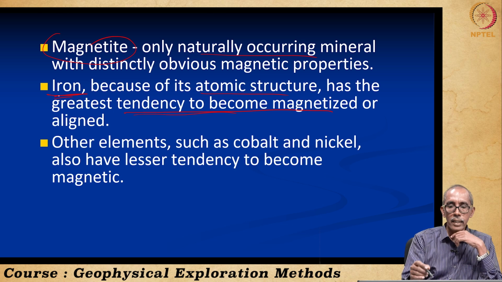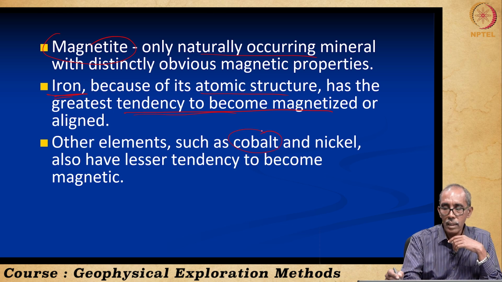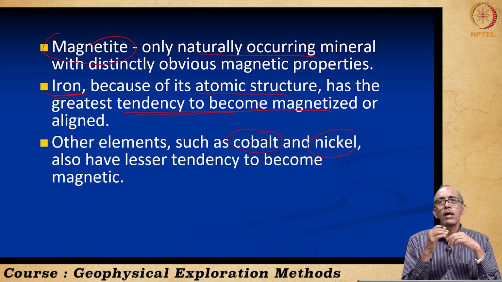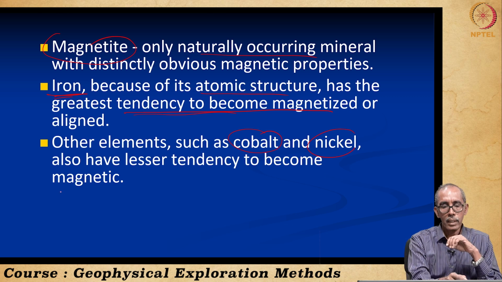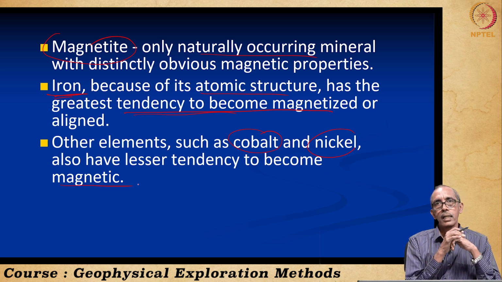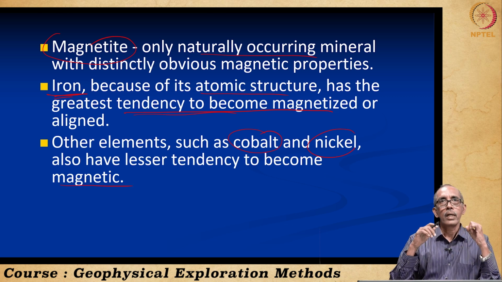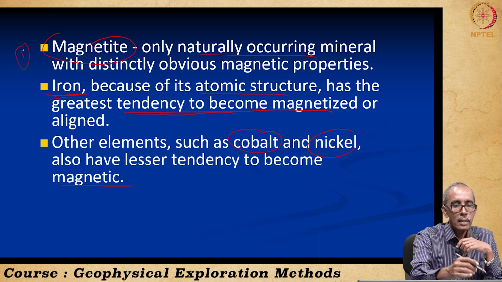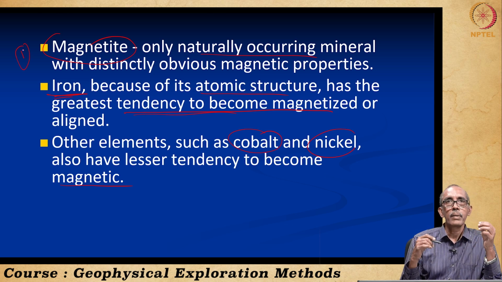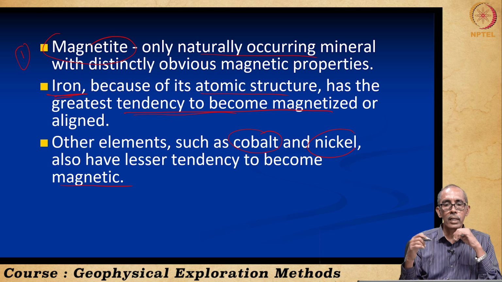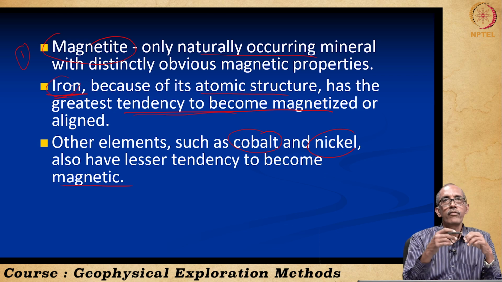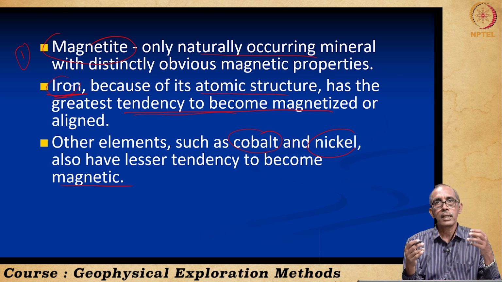Like iron, the other elements cobalt and nickel also have some tendency to become magnetic. So, one is magnetite, a mineral which is widely distributed. Iron is an element which is also found in different minerals.